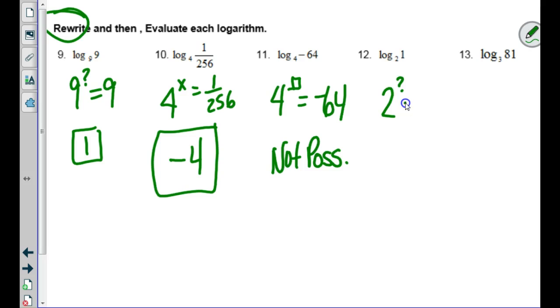2 to what power, guys, is 1? 0. 3 to what power is 81? 4. Remember, you get to use your calculator.